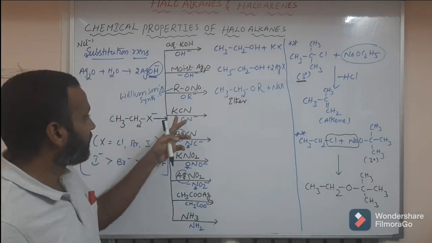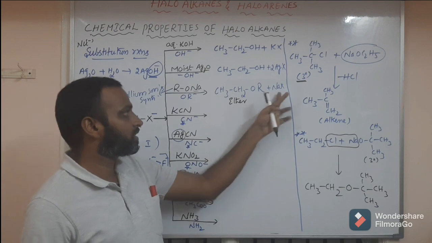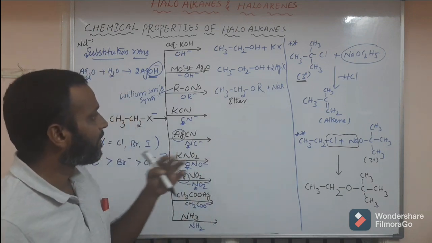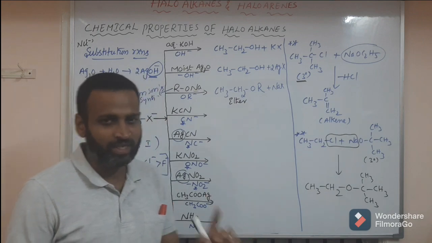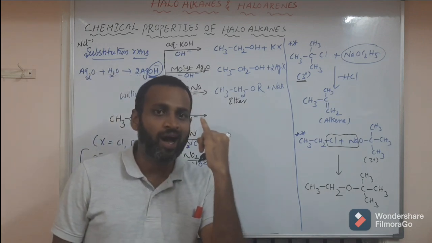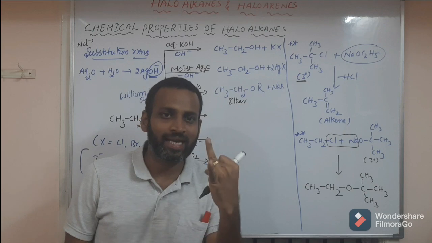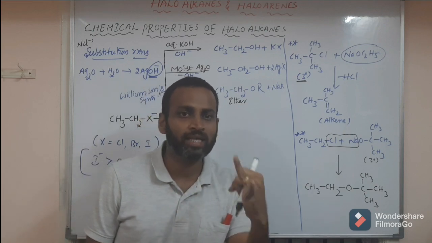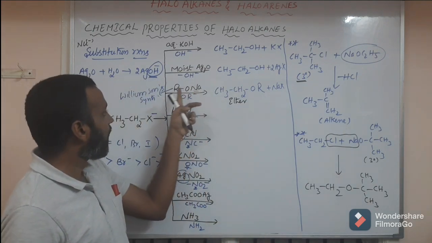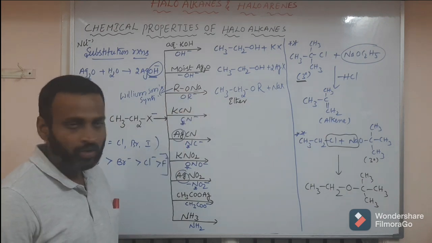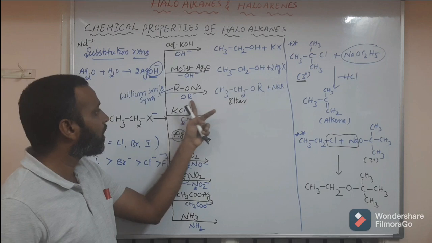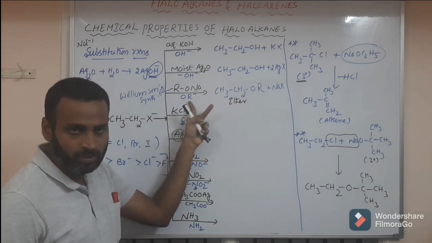So in Williamson synthesis, the formation of ether is what you have. How do I identify Williamson synthesis? The alkyl halide must react with sodium alkoxide. Alkoxide means OR, the alkoxy group.